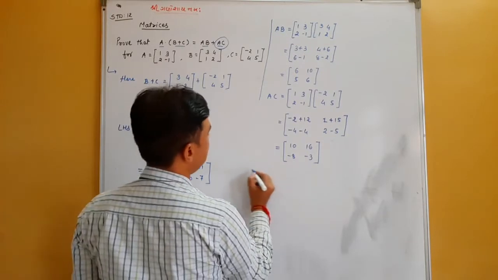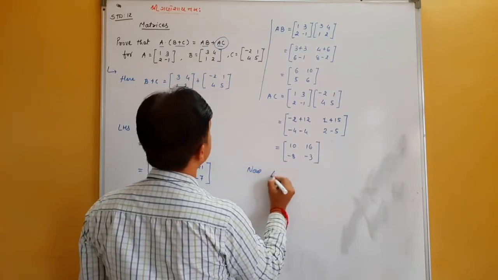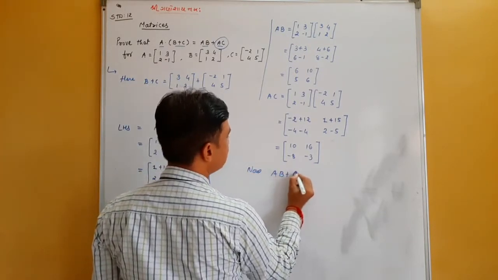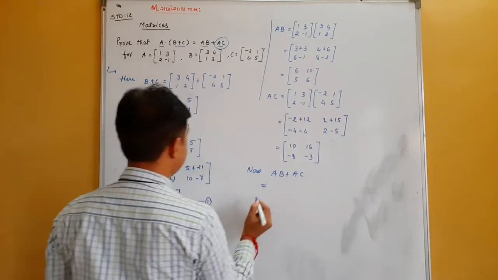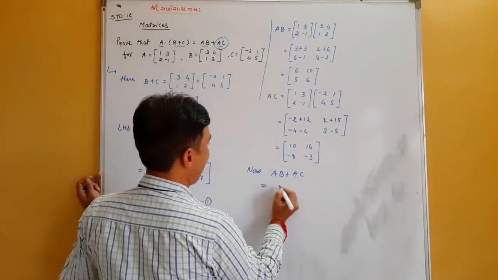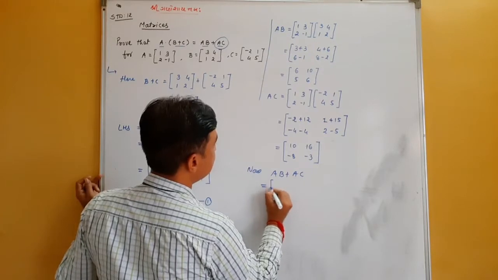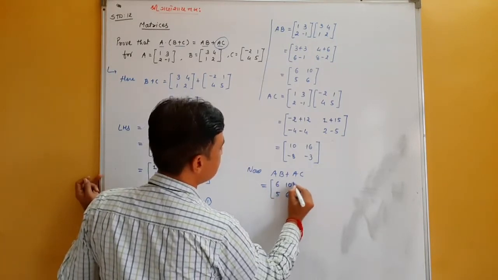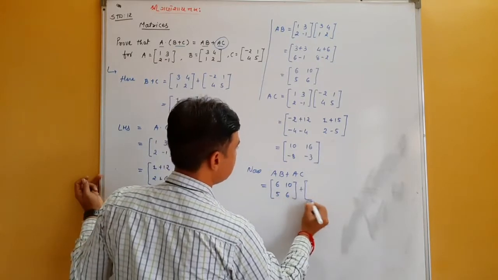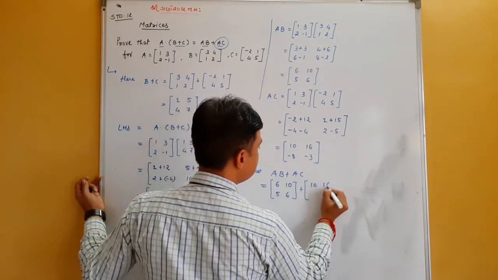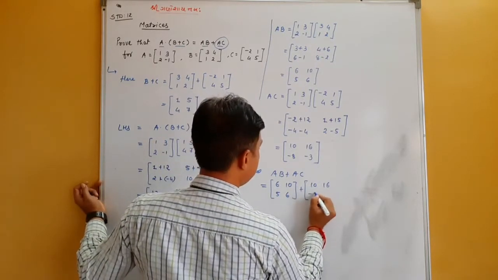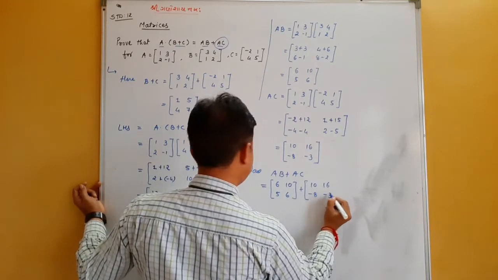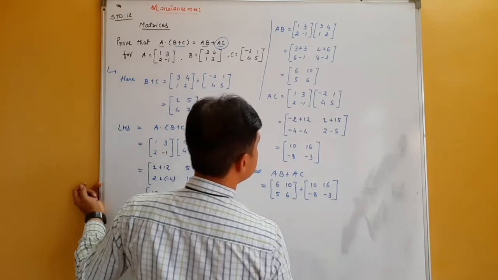Okay. Now, what is AB plus AC? AB is 6, 10, 5, 6. AC is 10, 16, minus 8, minus 3.